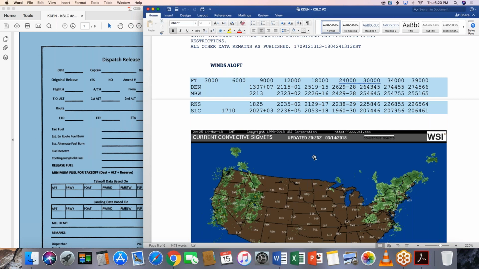Divide that by 2, and that gives me my averages between the two. This gives me my average wind and average temps for my en route.